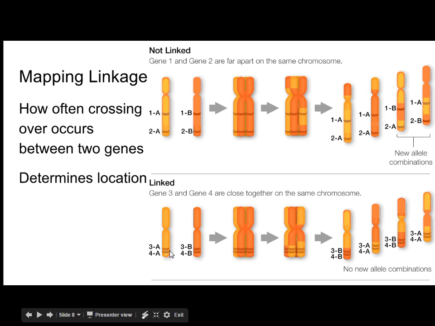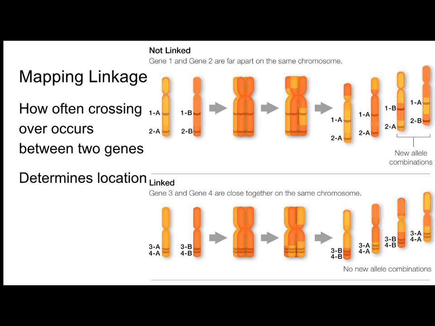So these duplicated, crossing over occurred, but they ended up together still. If these two duplicate and some crossing over happens down here, you might end up with some different combinations. The farther apart they are, the more likely they're going to get split up during crossing over. The closer they are, the less likely they're going to get split up during crossing over.